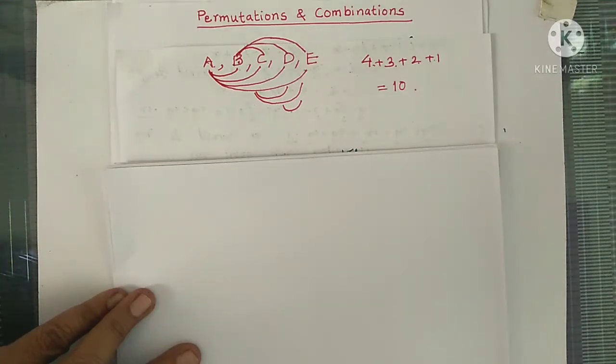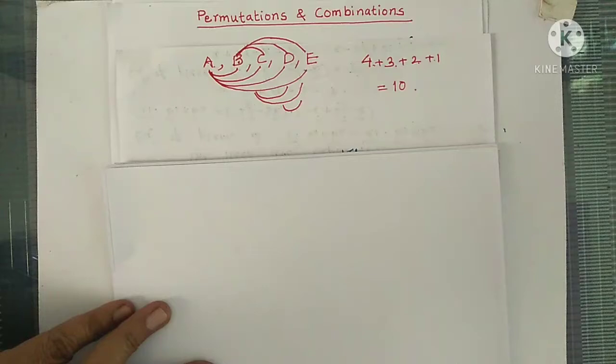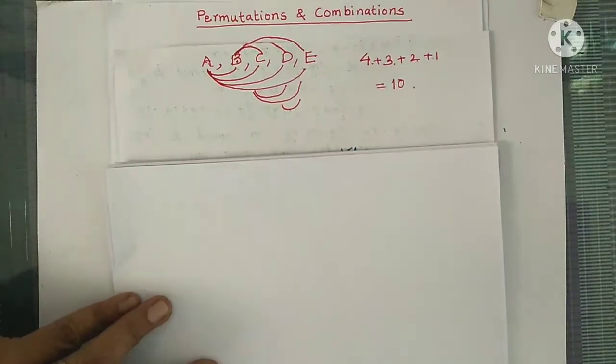It is a basic part of branches of mathematics such as graph theory, number theory, discrete mathematics, and the most important one is probability, which you have studied some part of in 10th standard. Okay, so let's study permutations and combinations.